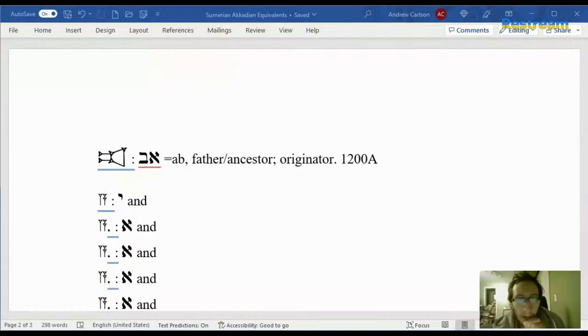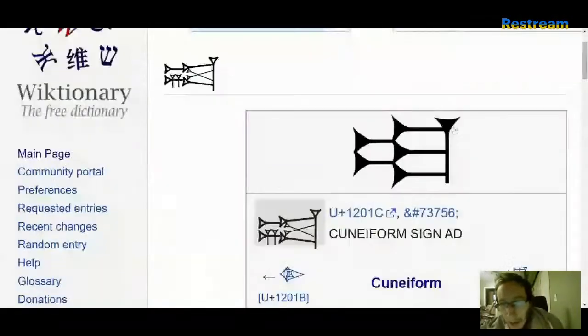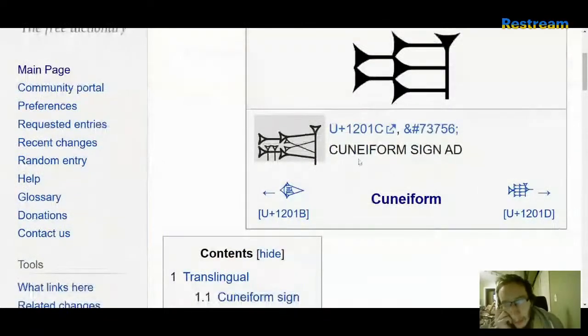Okay, so let me stop sharing for a second, and I'm going to share the screen again on that Wiktionary page, so you can see at the top it gives you the numbers. So it has 1201C.